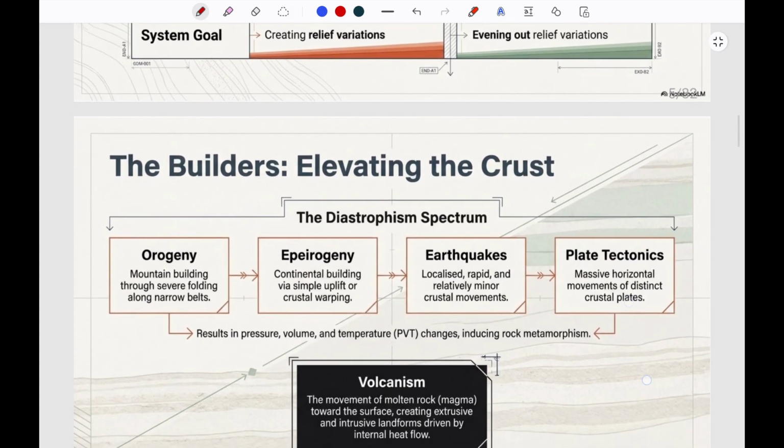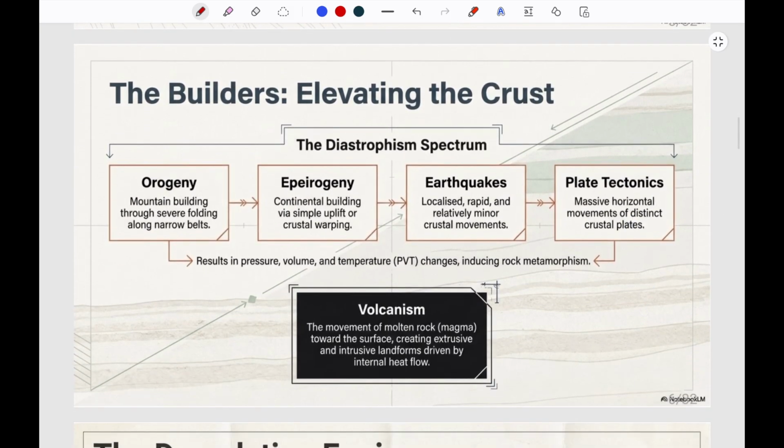So now moving on to these building forces, endogenic forces. So diastrophism includes orogenic forces, epirogenic forces, earthquakes, plate tectonics. Orogenic is mountain building forces, epirogenic is continent building, and earthquakes and plate tectonics.